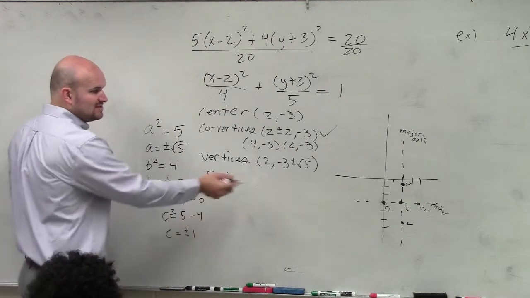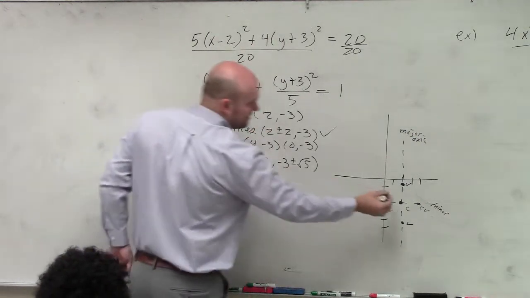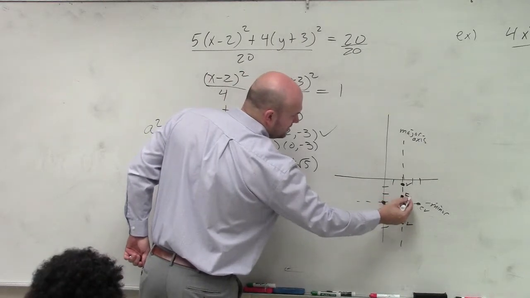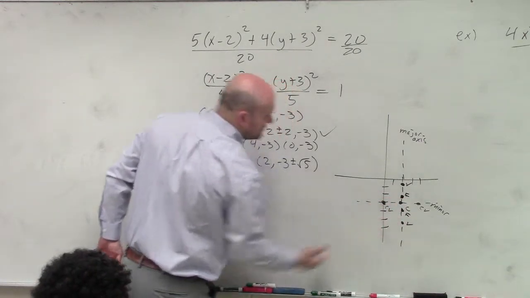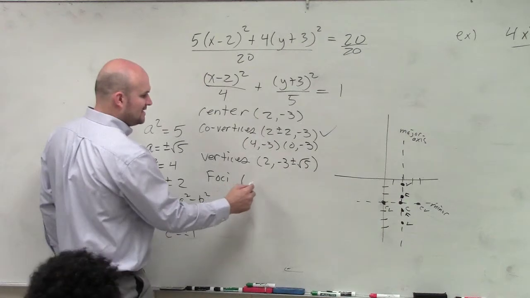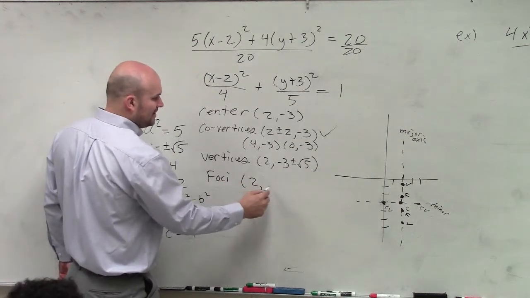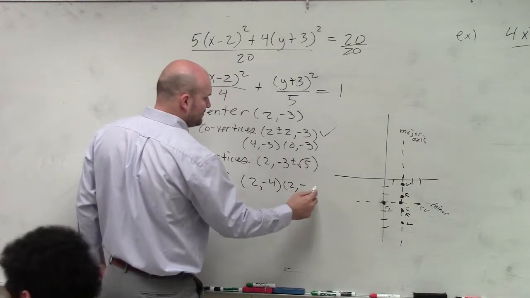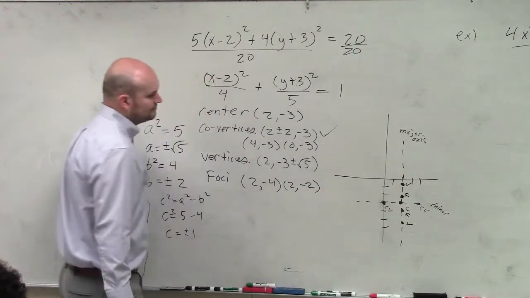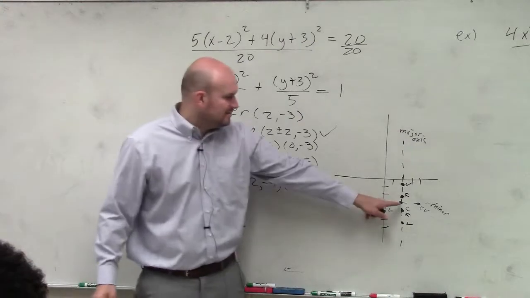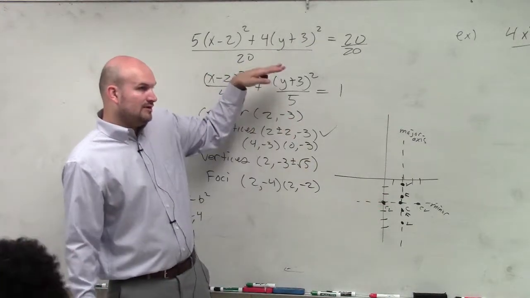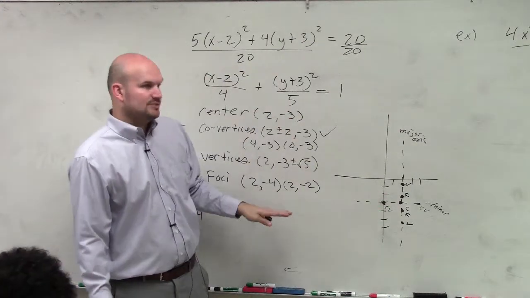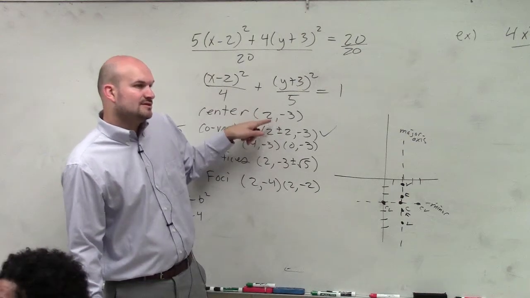So now from my -3, I'm going up 1 and going down 1. So my foci is going to still be at 2, but I'm going to have 2 comma -4 and 2 comma -2. Because you're basically going from your center up 1, which would be at -2, and going down 1, which would be at -4. But the x-coordinate is still the same.